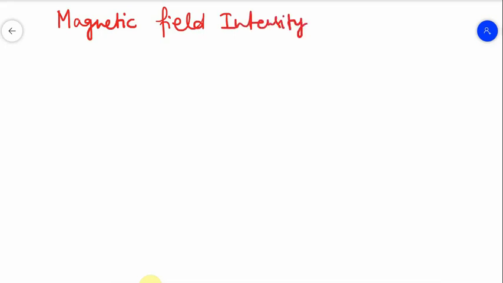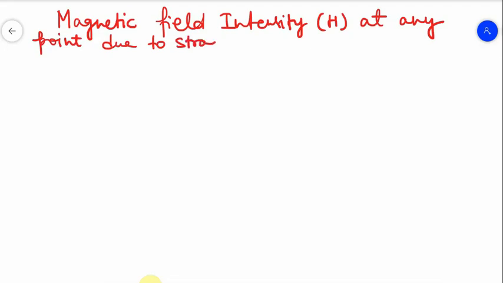Okay, we have to derive the magnetic field intensity, that is H, at any point due to the straight conductor.